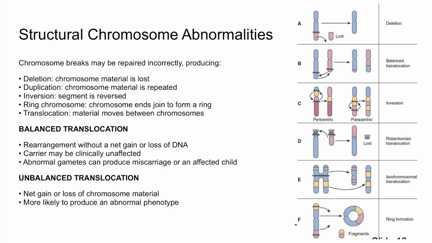A balanced translocation has no major net gain or loss of DNA, so the carrier may appear clinically unaffected. However, chromosome segregation during gamete formation can produce unbalanced eggs or sperm, creating a risk of infertility, miscarriage, or an affected child. An unbalanced translocation directly produces extra or missing genetic material and is therefore more likely to cause an abnormal phenotype.